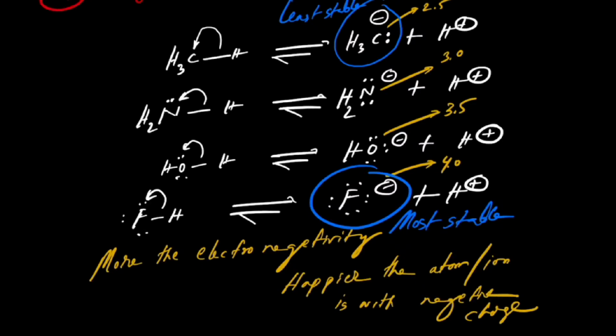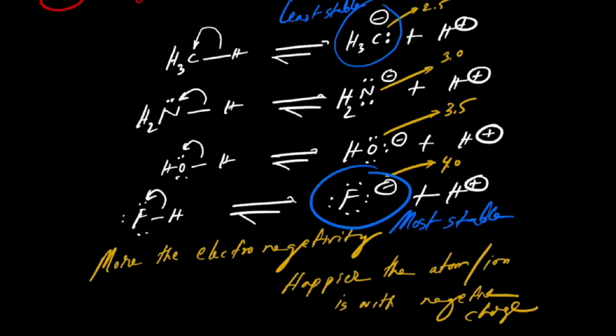Now, if the conjugate base is stable, the equilibrium is towards right. Okay, the stabler the conjugate base, the more towards right the equilibrium is.